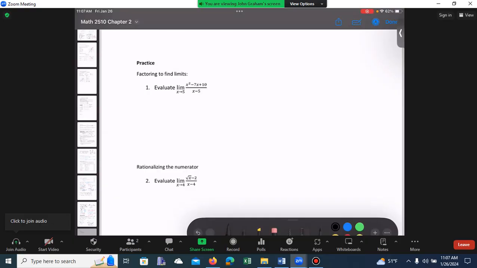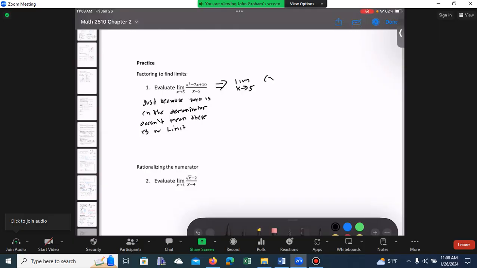Just because we get 0 on the bottom, the denominator, doesn't mean there is no limit. We have to apply some rules. In this case, we're going to want to factor.